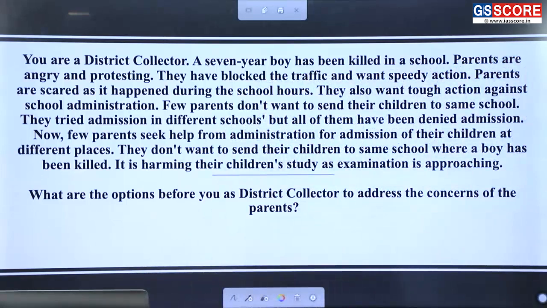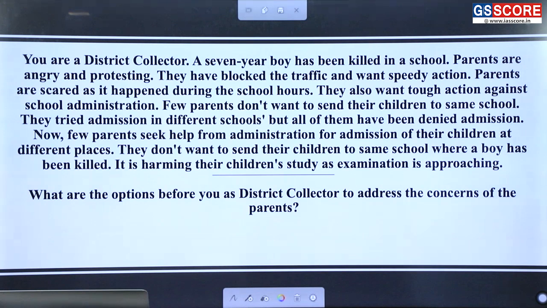So it says, you are a district collector, a 7-year-old boy has been killed in a school. Parents are angry and protesting. They have blocked the traffic and want speedy action. Parents are scared as it happened during school hours. They also want tough action against the school administration. Few parents don't want to send their children to the same school.